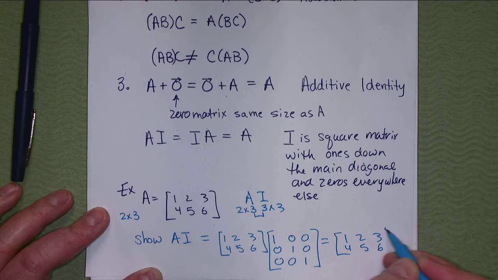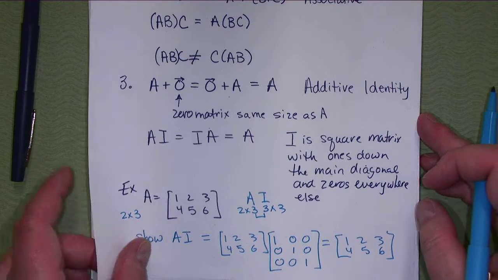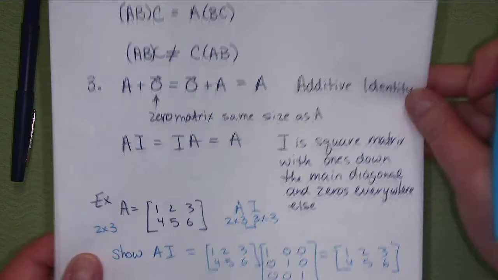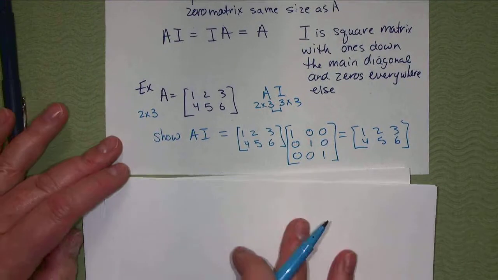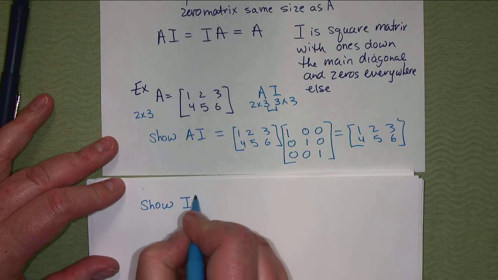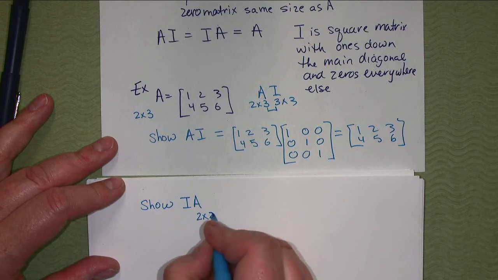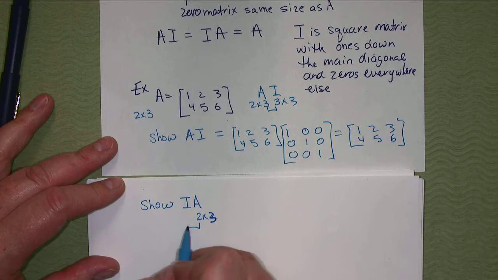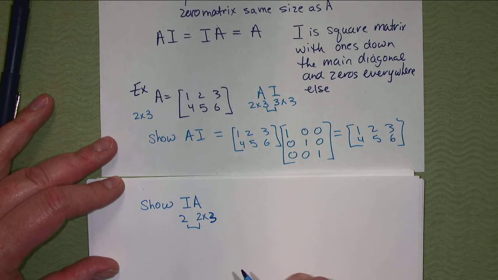Now what if I put the I in front of the A? That would be a 2 by 2. Right, so now A is a 2 by 3. So the middle numbers have to match up, so that would have to be a 2. And since it's square, it has to be 2 by 2.